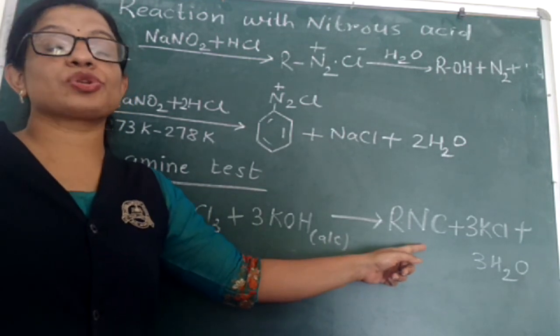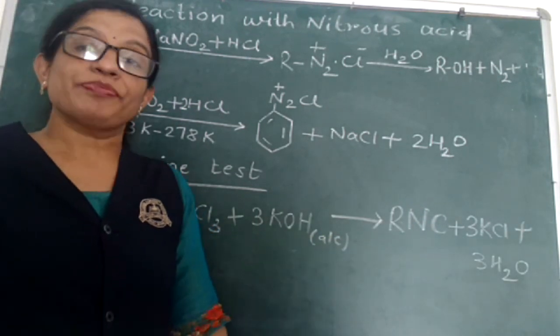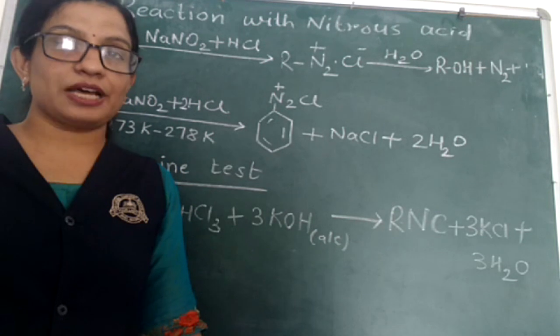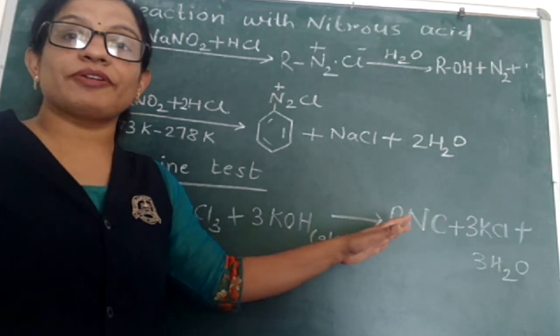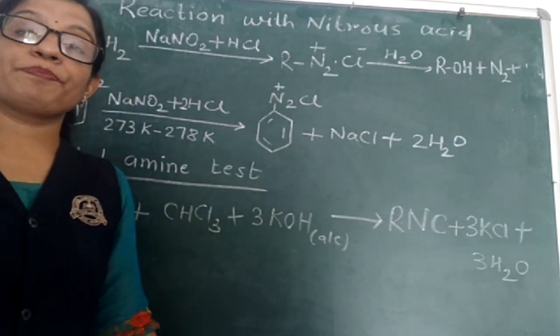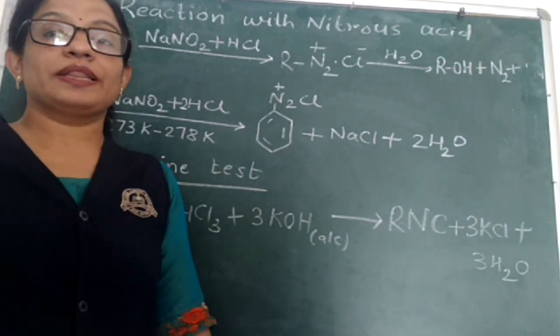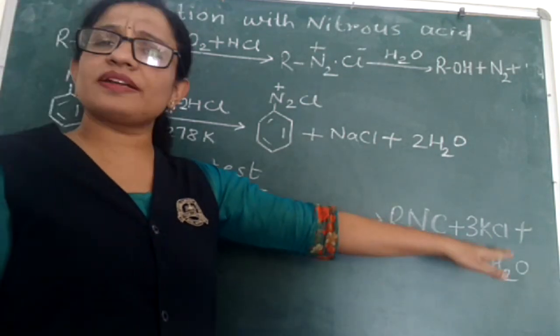It is an isocyanide. That means isocyanides are formed. Another name for isocyanide is carbylamine also. And these isocyanides have a very foul smell. That is why if isocyanides are formed in the reaction, they are recognized by their foul smell. And these are the side products.